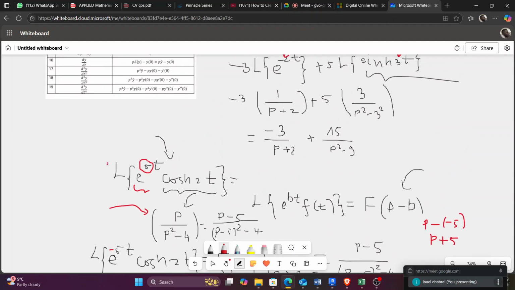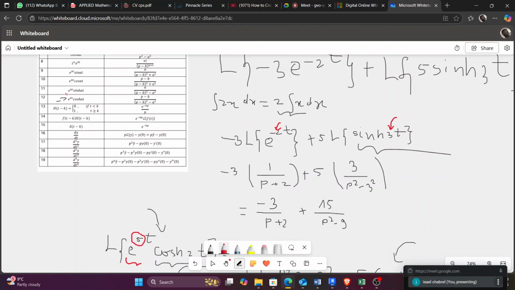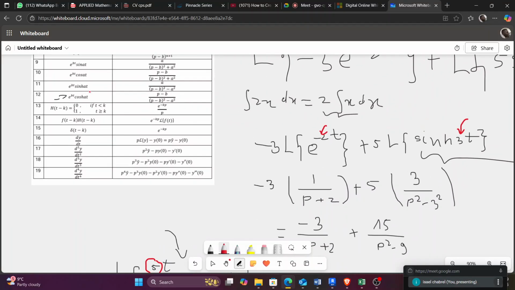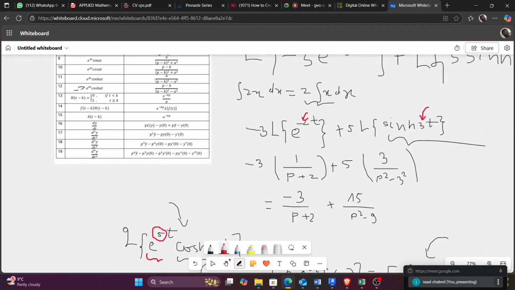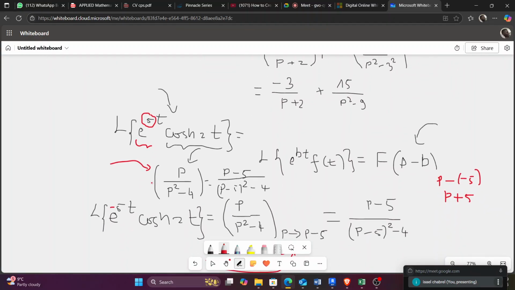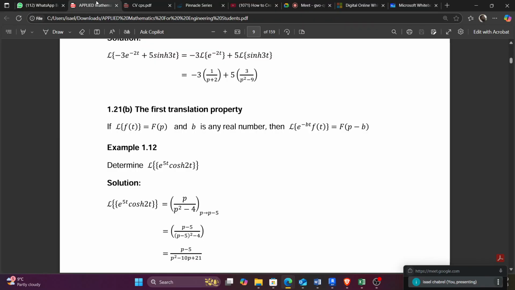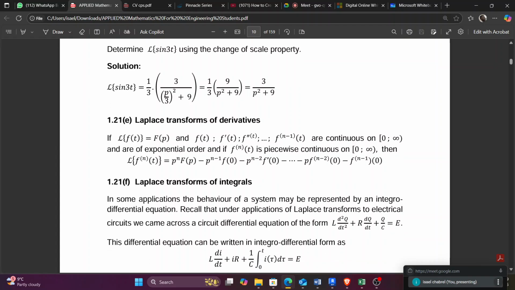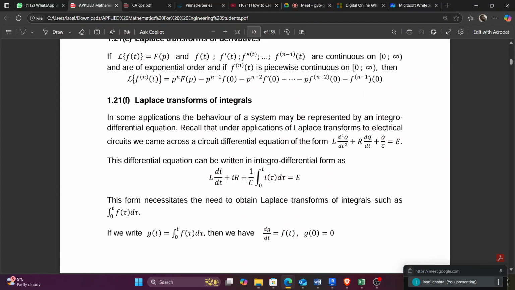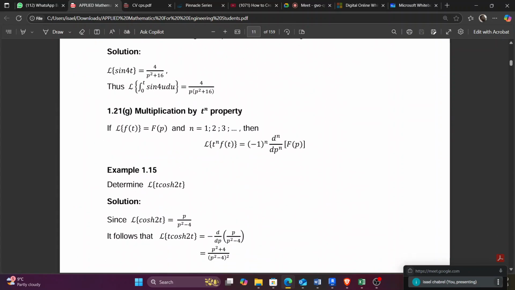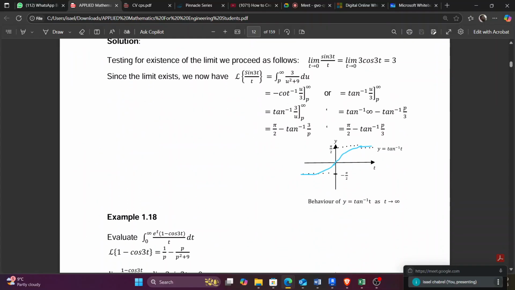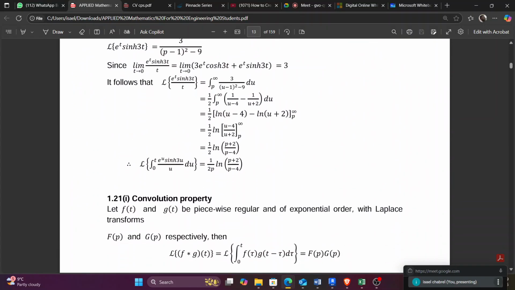In other words, if you use the formula straight, we're going to get the same answer. It's going to be P minus 5 over P minus 5 square minus 4. But it's not something that the lecture will be emphasizing much, but we just have to cover it in case something like this comes, because what is most important as we move here is going to be in Laplace transform of integral, division by, multiplication by t, division by t, and convolution, like going down.